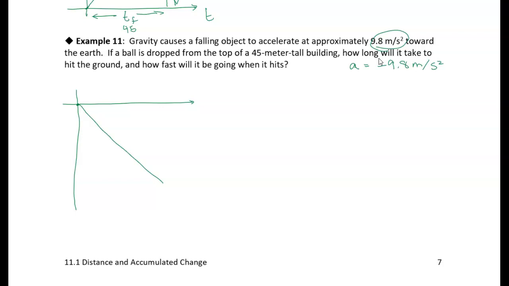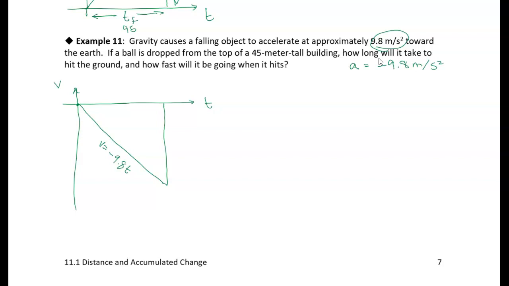The equation for this line is going to be the velocity is equal to negative 9.8 times the time. Okay, so this is velocity versus time. But we're dealing now with a negative acceleration because it's pulling down. Okay, but again, I can figure out my triangle here.